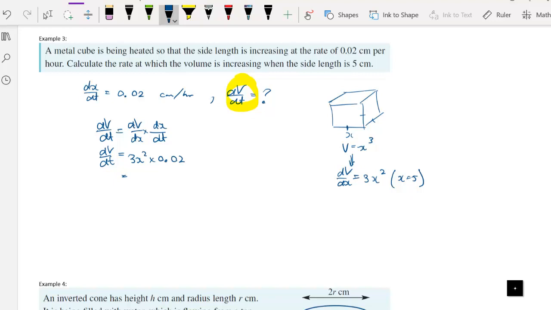Now x is equal to 5, so we've got 3 times 5 squared, and 0.02 is 1 on 50. So we've got 3 times 25 over 50, which ends up being 3 on 2 centimeters cubed per hour, or 1.5 centimeters cubed per hour.